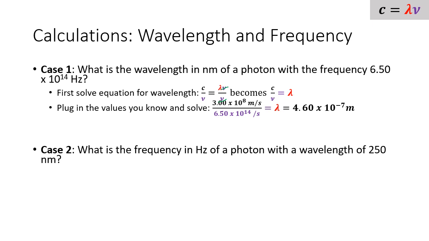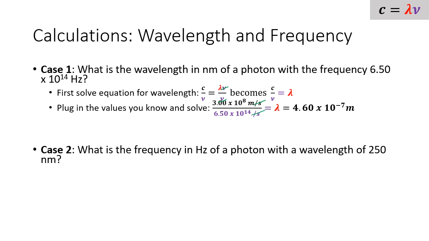Next, we plug our values in and we solve. So we have the speed of light, which I'm representing as 3 times 10 to the 8th meters per second. We have the frequency that we're given, and that's in per seconds, right? It's hertz. And when we look at this, we can cancel out the per seconds.